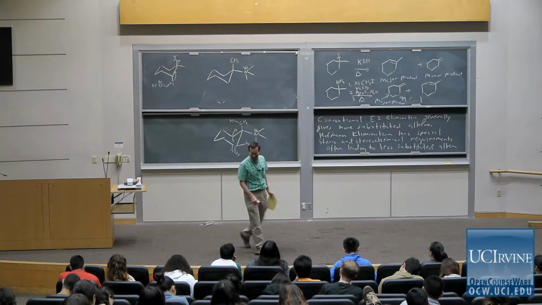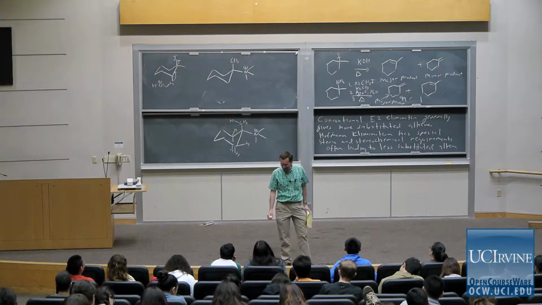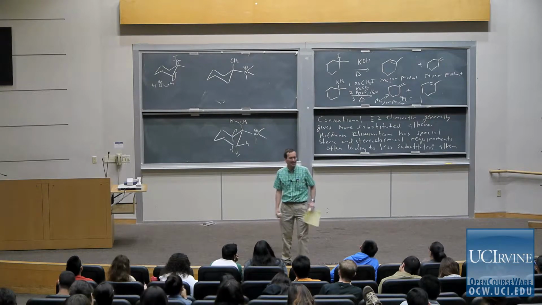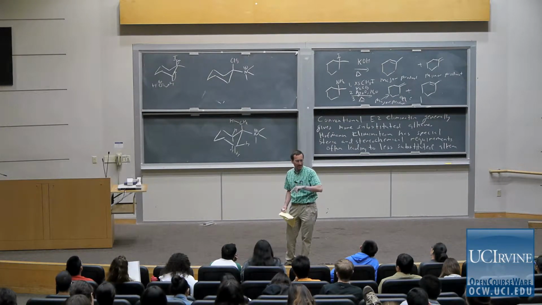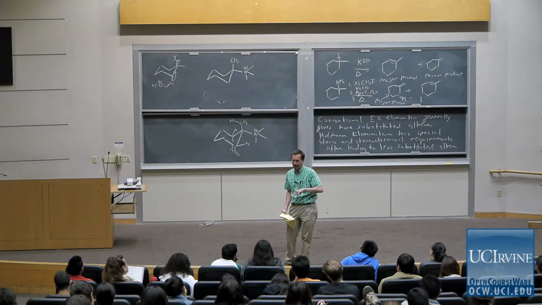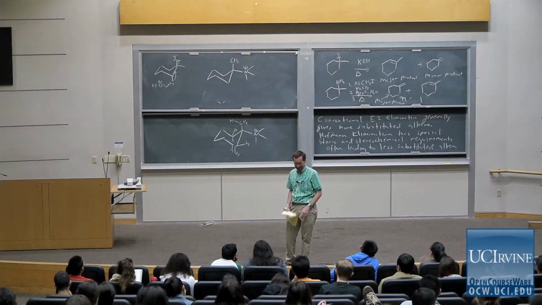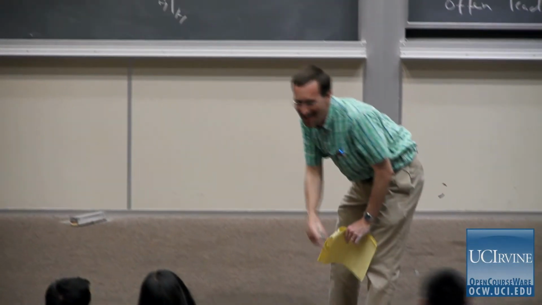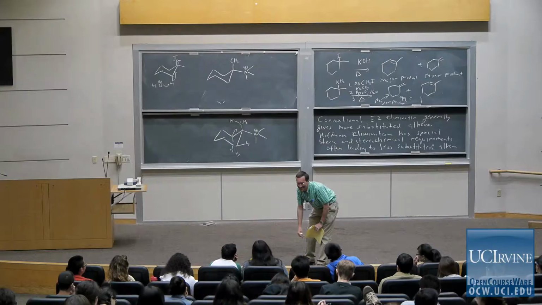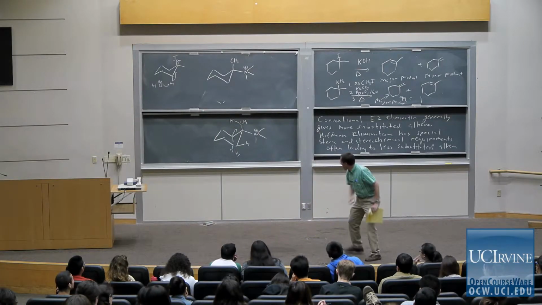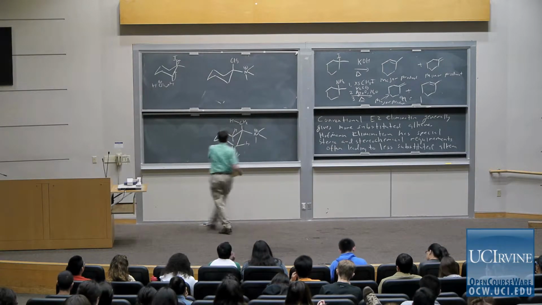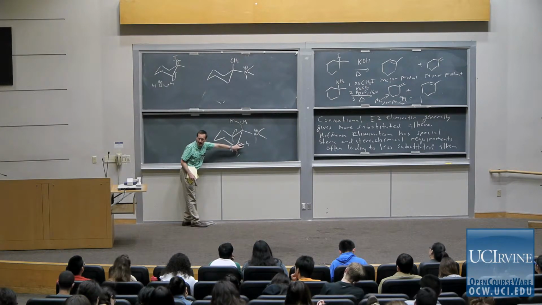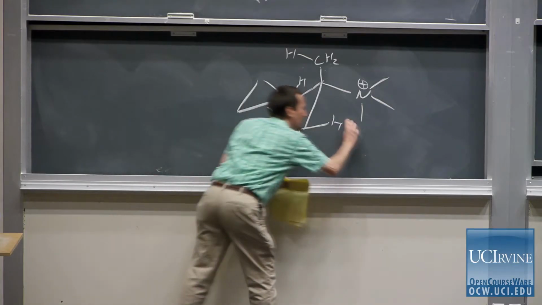Which hydrogen is anti-periplanar? Which one has a zigzag relationship to that trimethylammonium group? The one on the CH2, yeah. So here's our zigzag relationship. So here we have a gauche relationship, not an anti relationship.